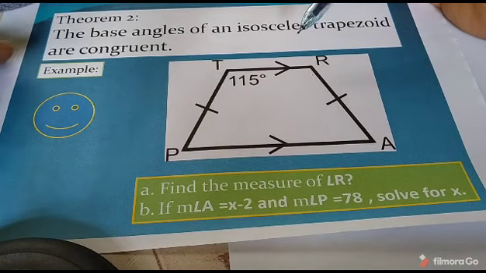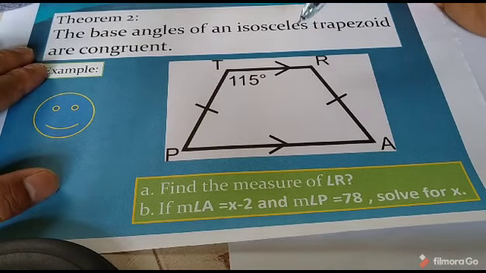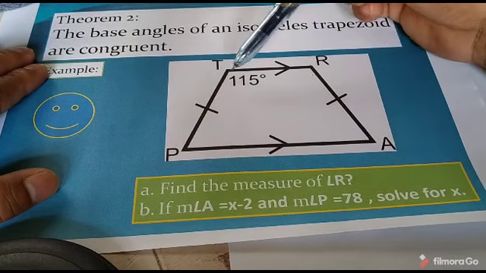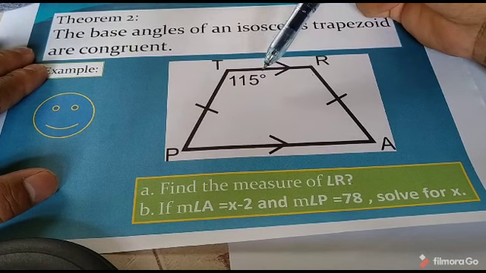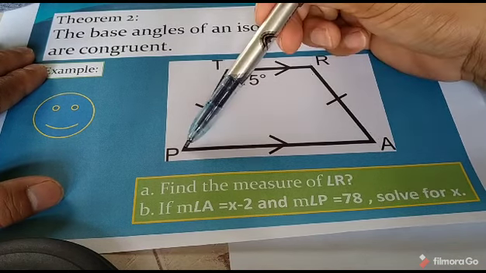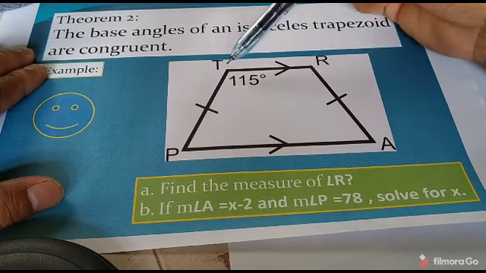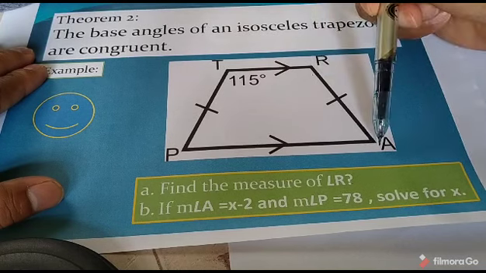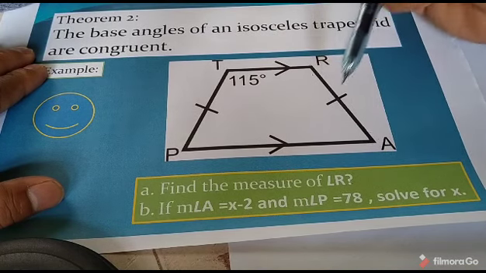So let's now have the theorem number 2 example. With an isosceles trapezoid TRAP, where angle T is 115 degrees and segment TR is parallel to segment PA. And at the same time, segment TP is congruent to segment RA. So this is an isosceles trapezoid.